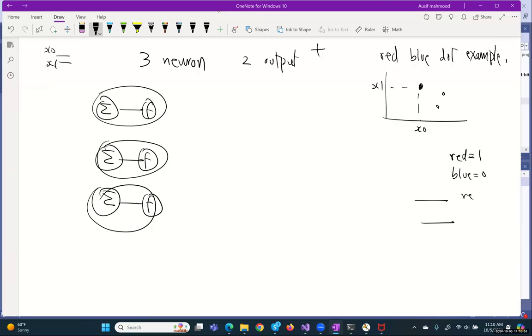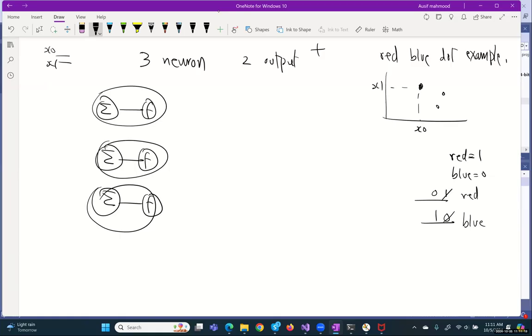Let's say the top output is for red, the bottom output is blue. So if the neural network produces 1 and 0, what is it recognizing? As red. If, on the other hand, it produces 0 and 1, then it is recognizing it as a blue dot, right?